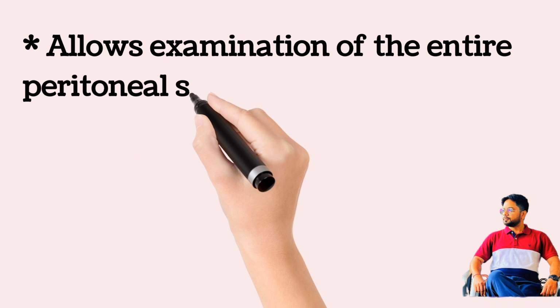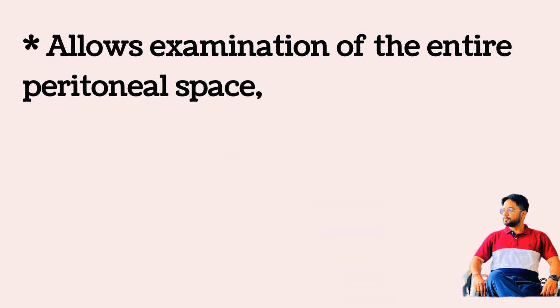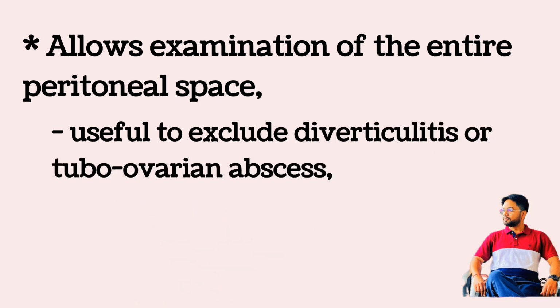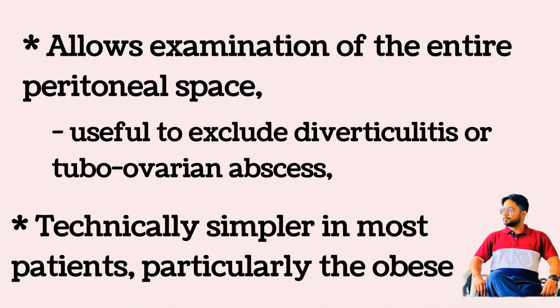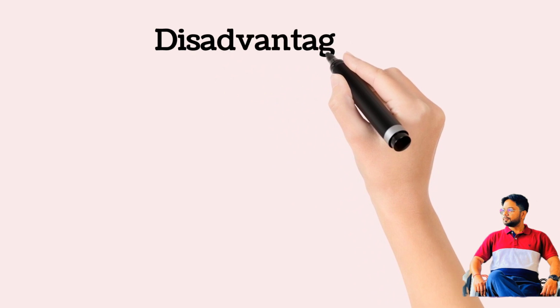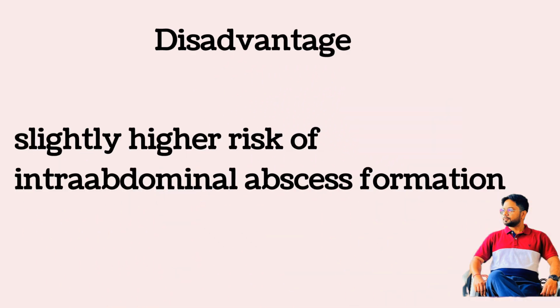Also, laparoscopy allows examination of the entire peritoneal space, useful to exclude other intra-abdominal disease that may manifest in a similar fashion, such as diverticulitis or tubo-ovarian abscess. The laparoscopic procedure is technically simple in most patients, particularly in obese patients. A slightly higher risk of intra-abdominal abscess formation after laparoscopic appendectomy is the negative aspect.